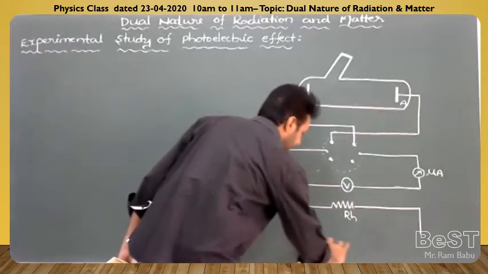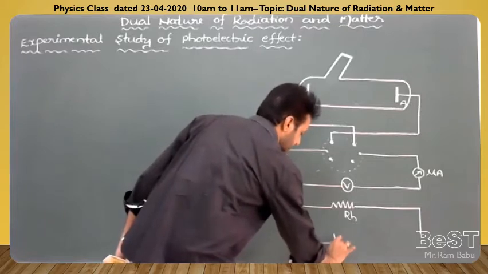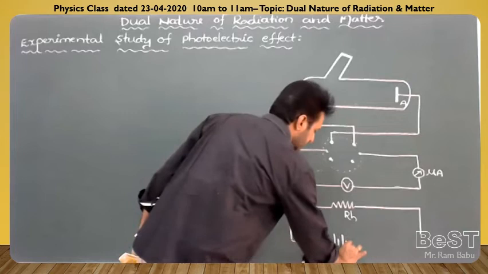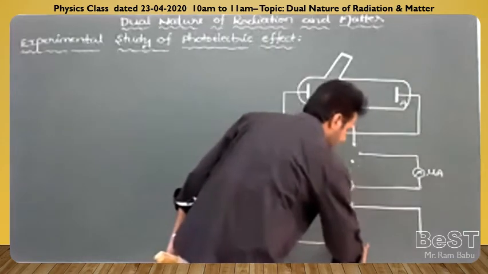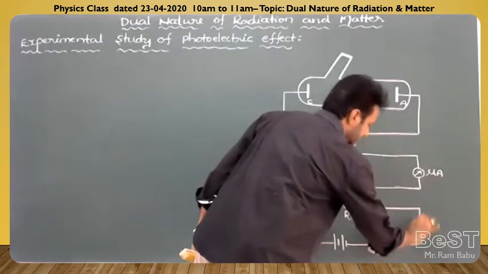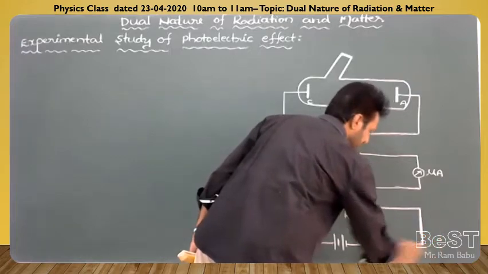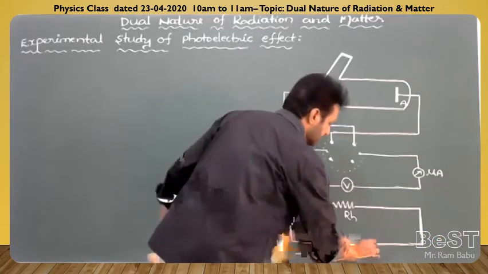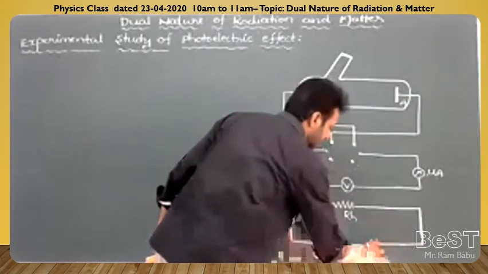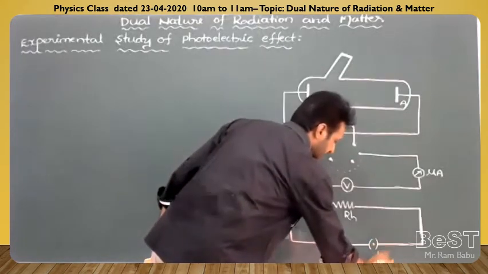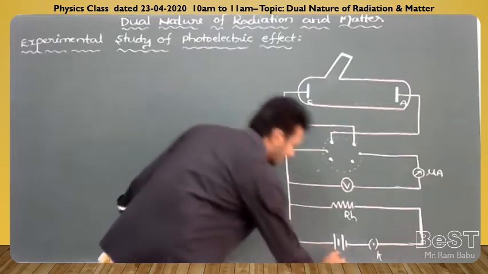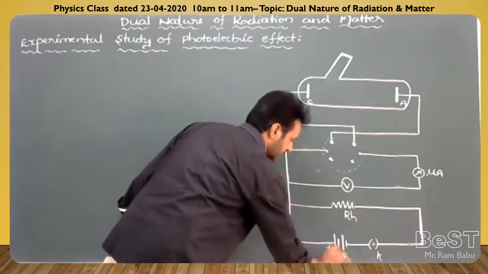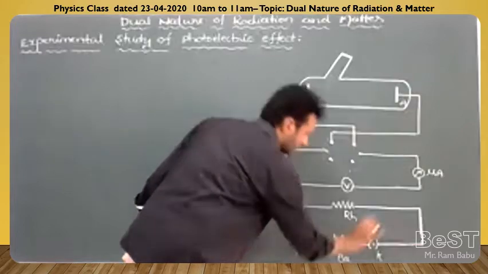One battery will also be connected here. In the case of a DC source, the longer terminal represents positive and the smaller terminal represents negative. If required, we can connect one plug key also, which will act like an on and off switch. K represents the plug key, and with the battery we can apply the required potential difference.